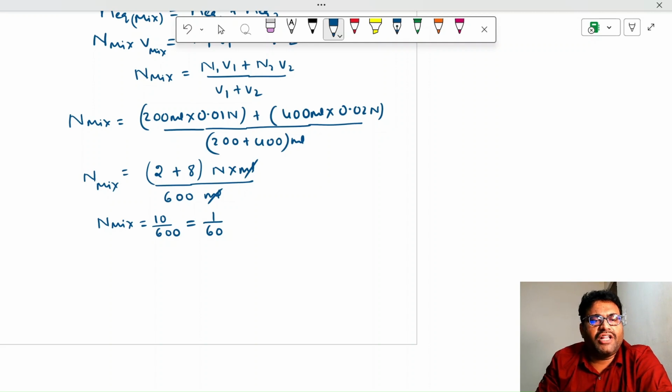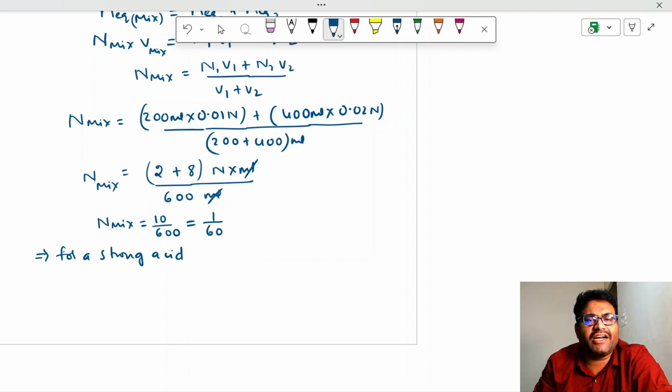Now we know that when both acids are added, the resulting solution will also be acid. For a strong acid, normality N of the acid is equal to its H+ ion concentration.